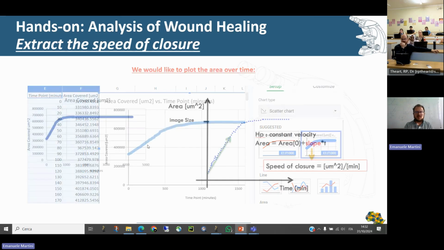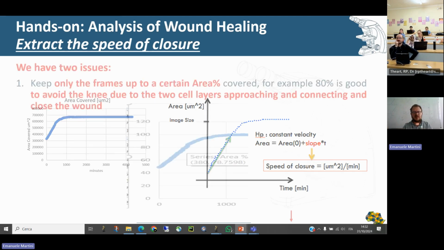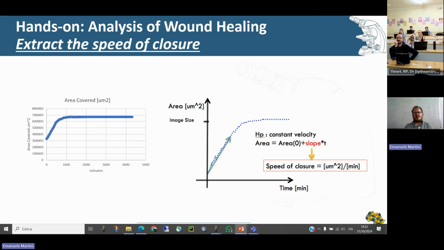From here, so we really want to extract this fitting. Of course, in Excel and Google Sheets you can do that, there is the trend line. There is a way to do this. But what is our problem, if you think about it?